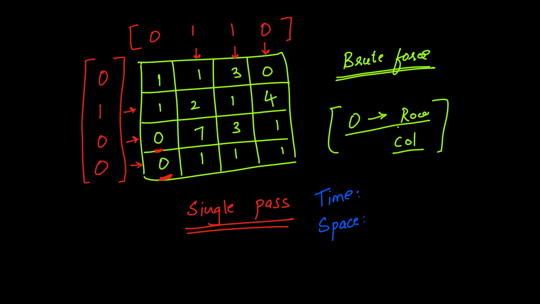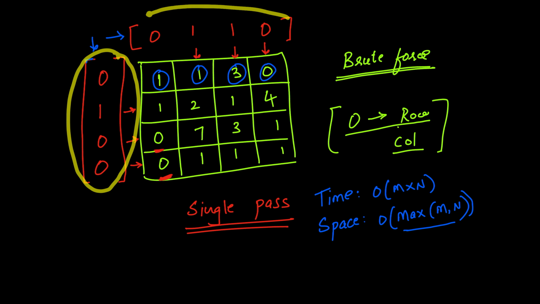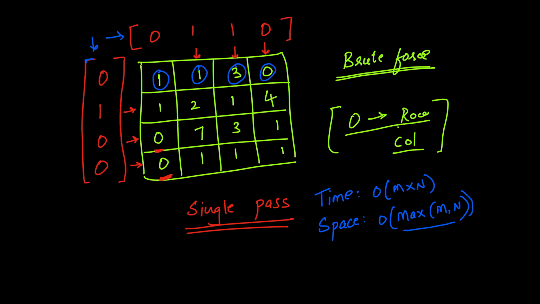With this improvement, our time complexity remains the same, that is O of m times n, because we need to iterate through all of the elements in the given matrix at least once so that we can populate these two collections for rows and columns. But the space complexity is improved to O of max of m comma n, as we are using these two collections to determine which rows or columns have zeros in them. Compared to the previous brute force approach, this solution improves our space complexity significantly.